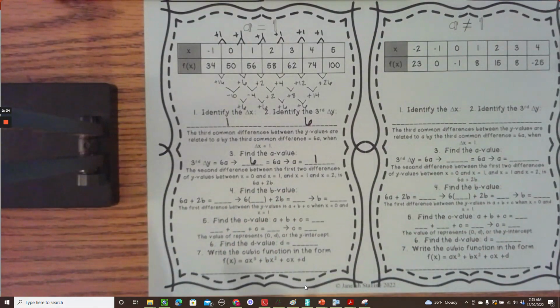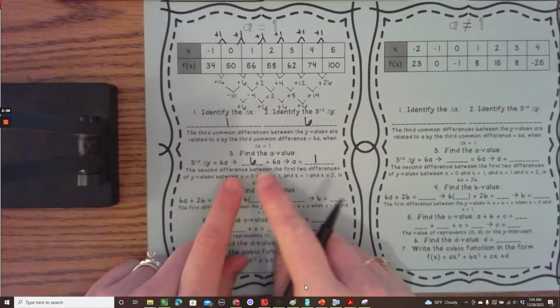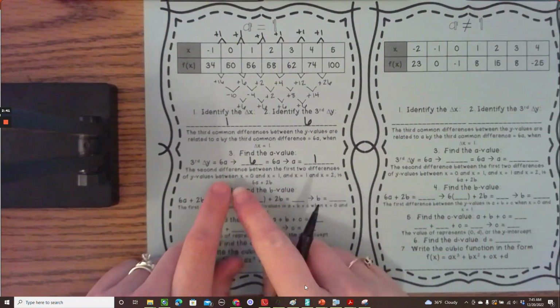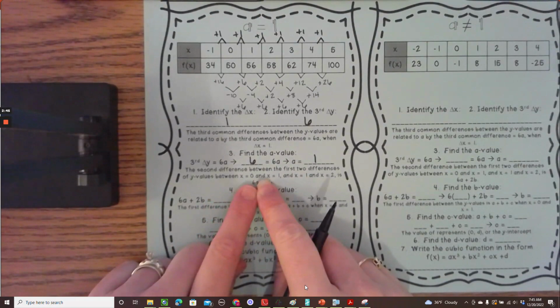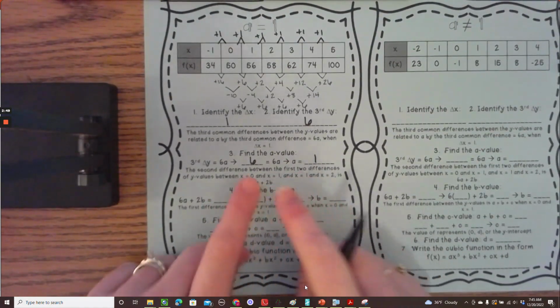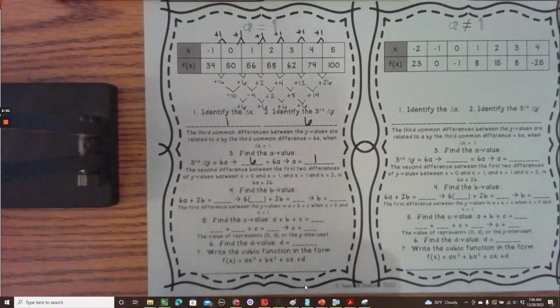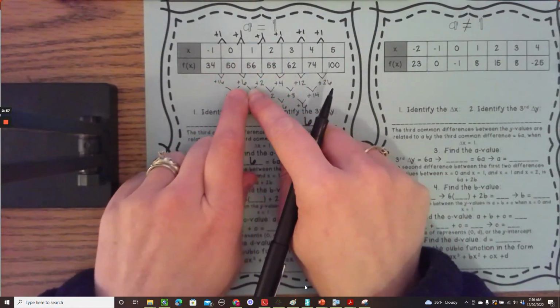Here's where things start getting tricky. B value. The second difference between the first two differences of y values, between x equals 0 and x equals 1, and x equals 1 and x equals 2, is 6a plus 2b. Okay, so between 0 and 1, that's this value.